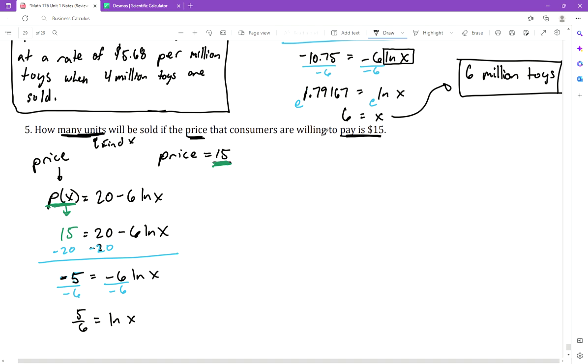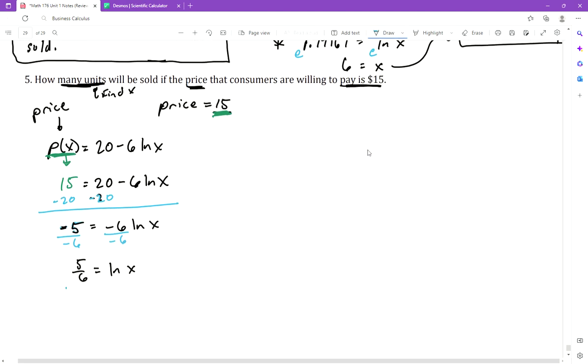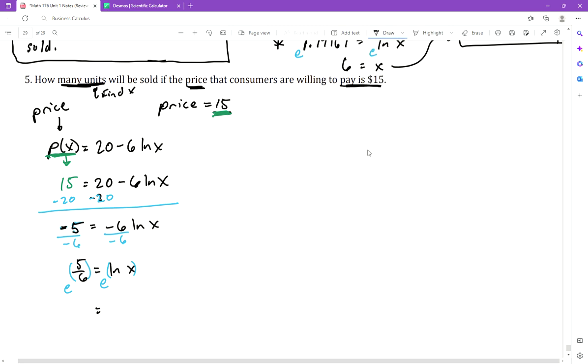Now it's like the last part, like up here, it's like this step. Once we have ln of x by itself, we'll do the e on both sides. So we'll do e to the 5/6 and e to the ln of x. Again, on the right, e and ln of x just reduce to be x.